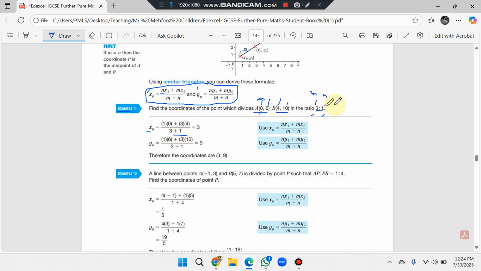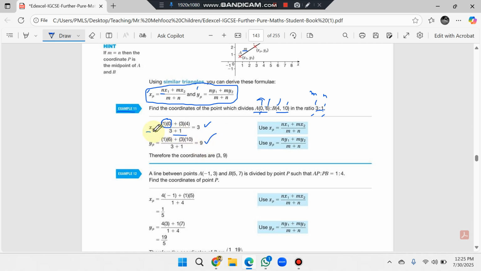Again, n times y1, that is 1 multiplied by 6, plus m times y2, that is 3 multiplied by 10, over 3 plus 1. Here the first term becomes 0 due to multiplication with 0. Plus 12 over 4 is simply 3, and 6 plus 30 over 4 becomes 36 over 4, which is 9.